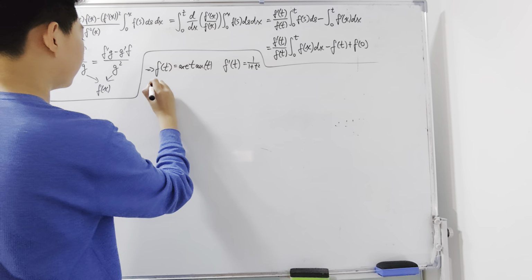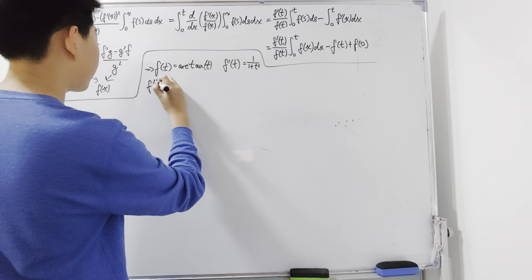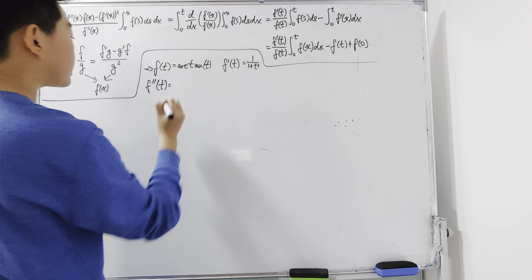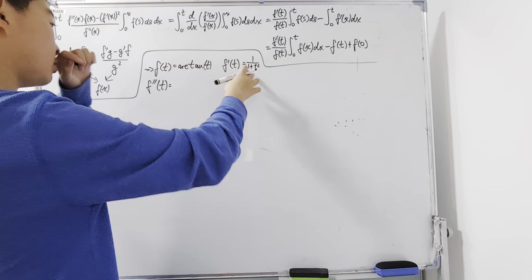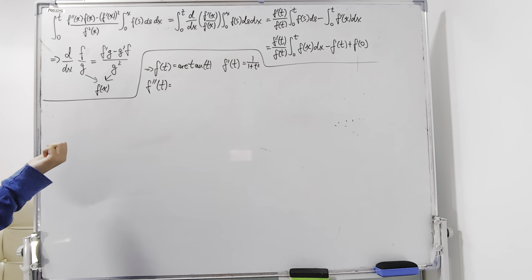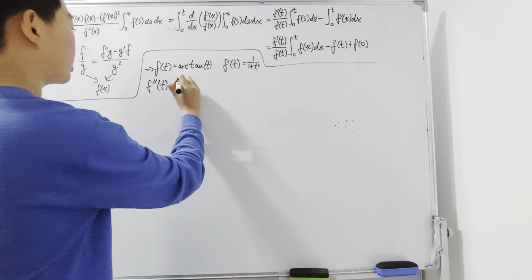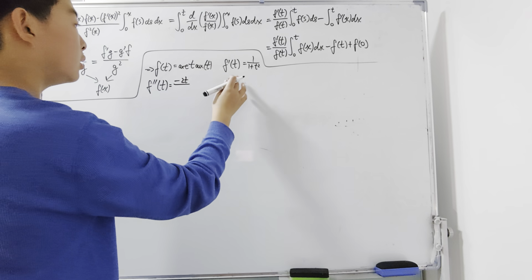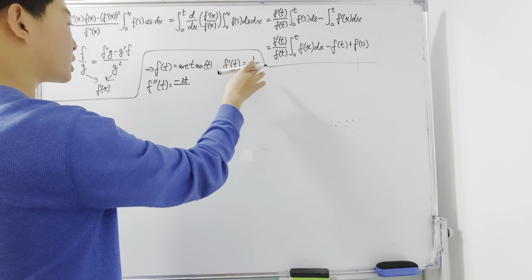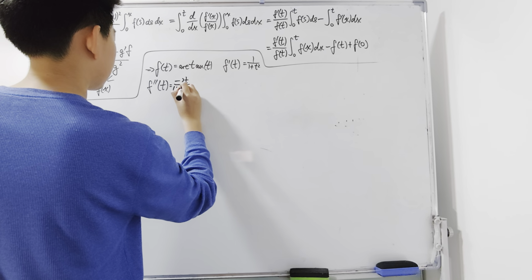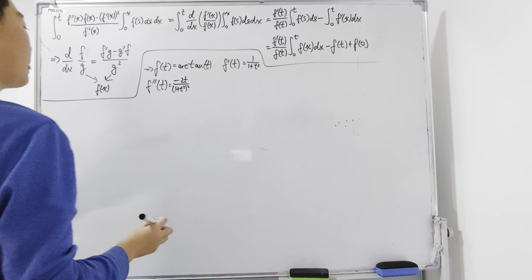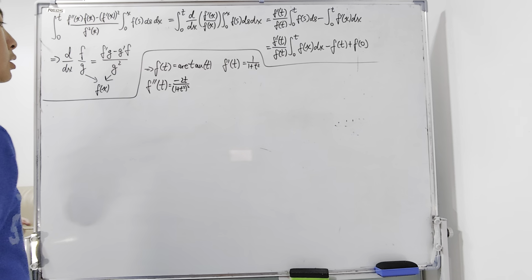Now I have the second derivative, f double prime, is equal to, okay, so derivative of this. Using the chain rule, we have a minus, and then the derivative of this is going to be 2t over, so minus 1 over this thing squared, so 1 plus t squared, and then of course the derivative inside is just over there.